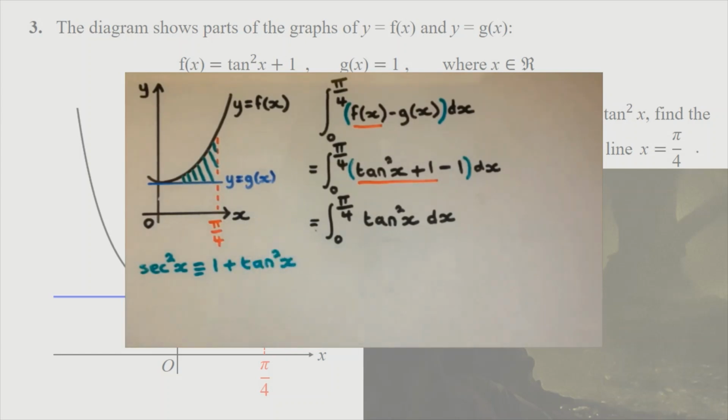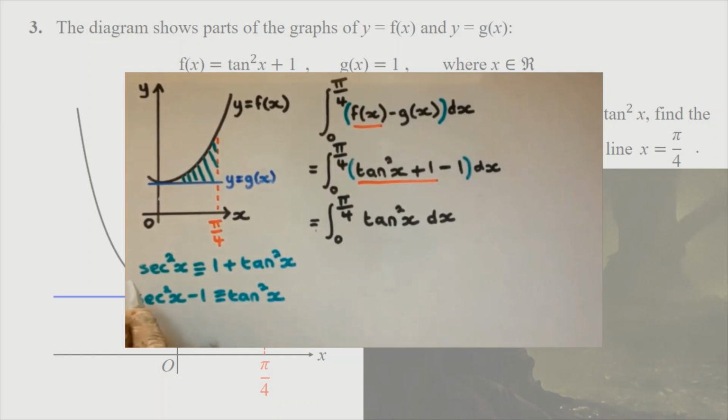Okay, simple rearrangement. That means that if I do sec squared x subtract 1, I've got my tan squared x. That means I can now make a direct substitution in my integrand.